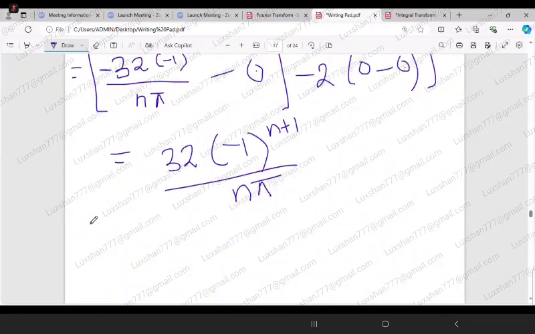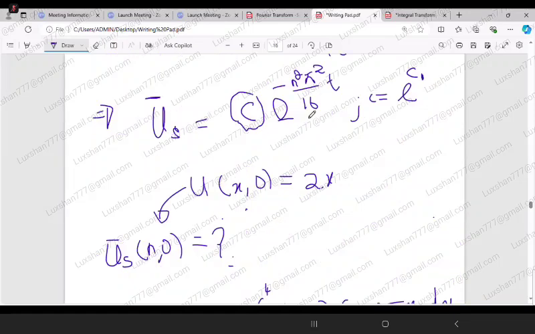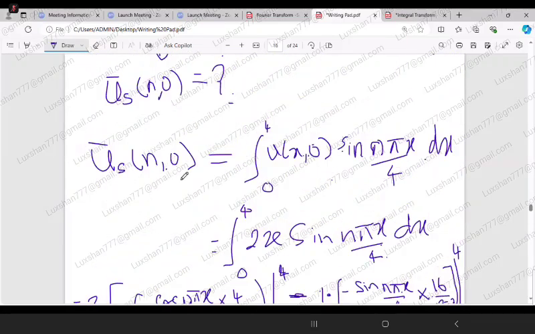So now I have got the answer. So this is actually equal to what? U bar s n comma 0. So now I have u bar n comma t equal to c times e to the power minus n squared pi squared by 16 t. Now I want to find c. So here I know the value n comma 0 is equal to this one.